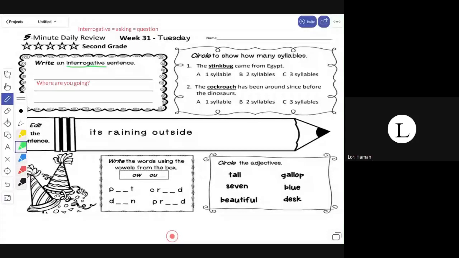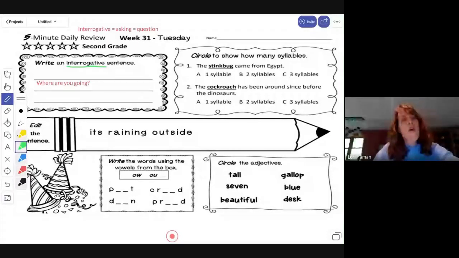All right. On over here to our part saying circle to show how many syllables. So we have this word, if going to be one syllable, two syllables, or three syllables. I want to remind you that your syllables are found by counting the number of vowel sounds, because a vowel sound happens with each syllable.